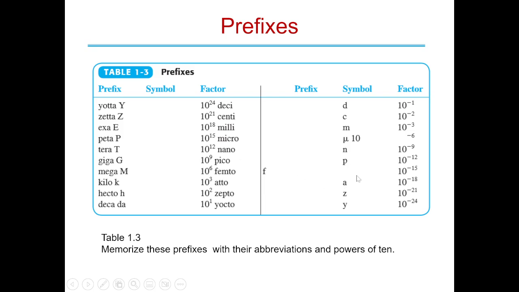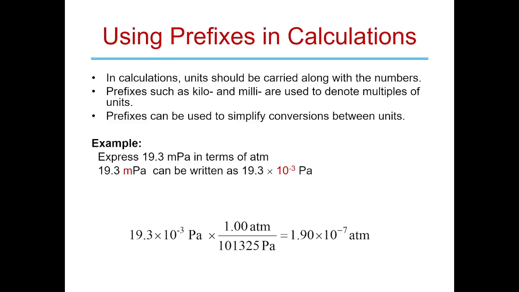Yes, there's formatting problems again, which is what it is. Whenever you use the prefixes, again, they just mean that you've done this. 10 to the negative 3 is now no longer 10 to the negative 3, right? That's because you've grouped that in as a prefix.